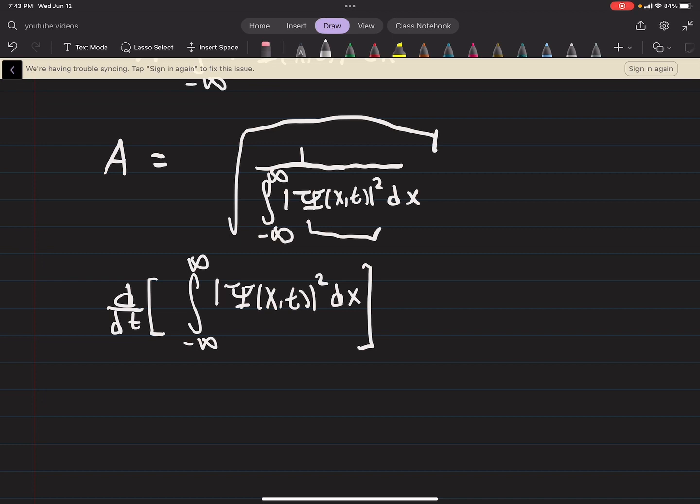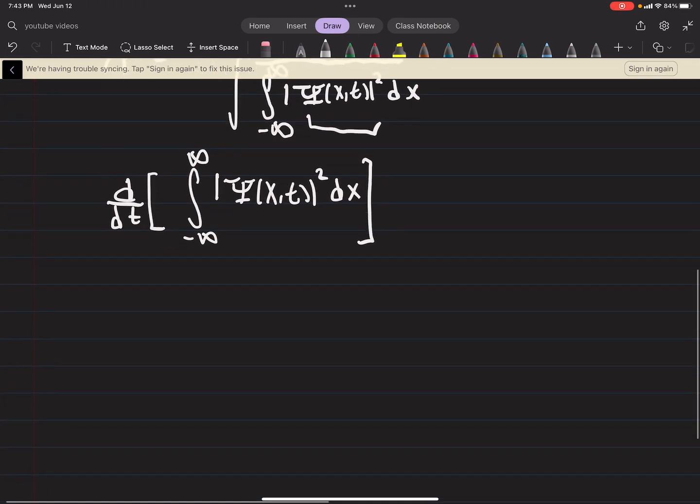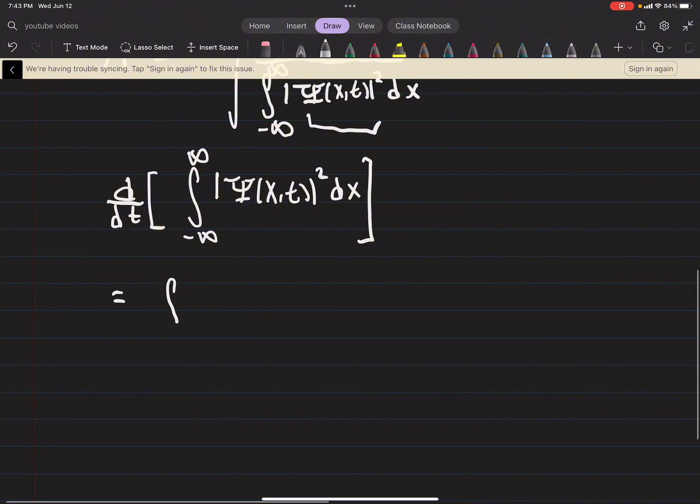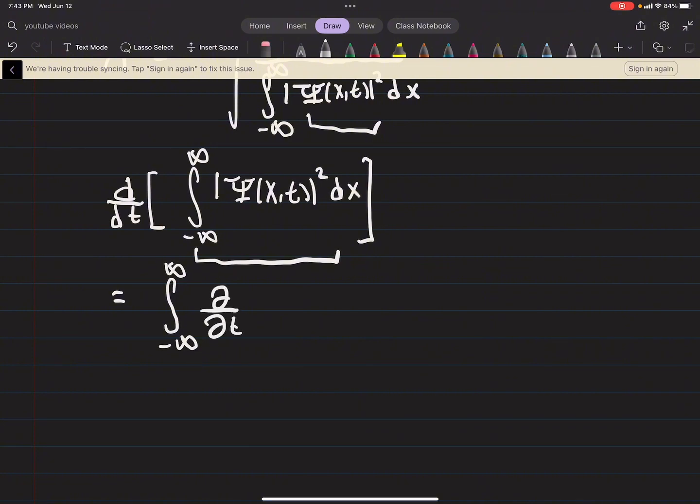If we prove that, then we know A is also a constant and everything is fine. So we're going to move this derivative inside the integral. Before, we could use just a regular derivative because once we integrate with respect to x, you're no longer going to have x as a variable. But if we plug it inside, this full derivative turns into a partial derivative because we haven't integrated our function yet. So hopefully that makes sense, I'm sure most people know that, but in case you didn't.